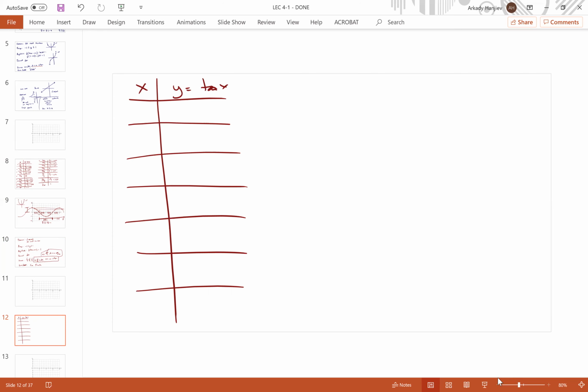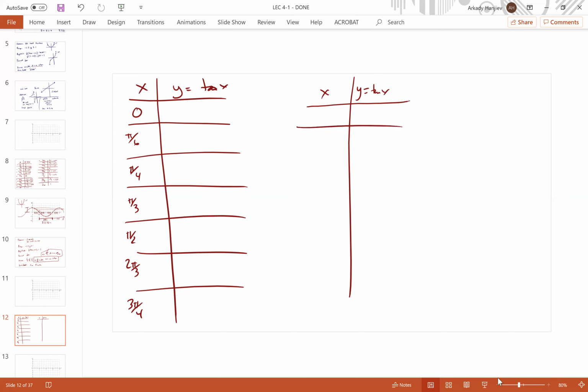So 0, pi over 6, pi over 4, pi over 3, pi over 2, 2 pi over 3, 3 pi over 4. On my slide, I think I'm going to have to do 3 tables here.